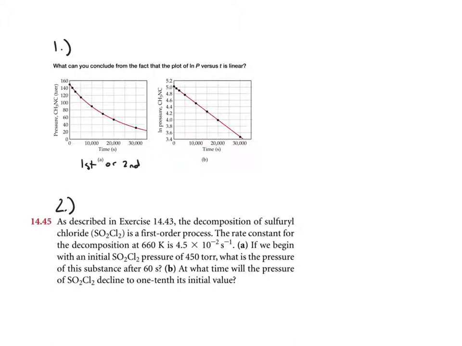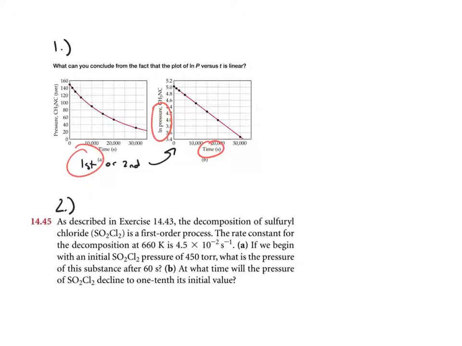So I know it's not 0 because pressure versus time is nonlinear. If it were linear right off the bat, it would be a 0 order. So I've narrowed it down to first or second. So now I look to this graph. It's the same set of data graphed as natural log of pressure versus time. And now it's in a straight line. So in my mind, I go, oh, well, that's first order, because natural log versus time in a straight line is first order.